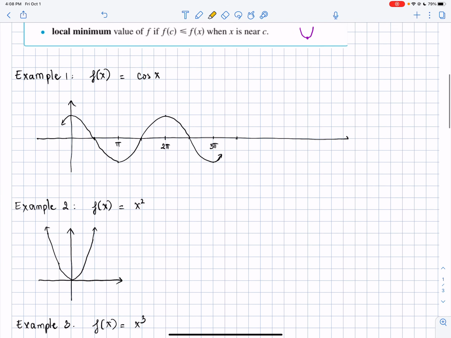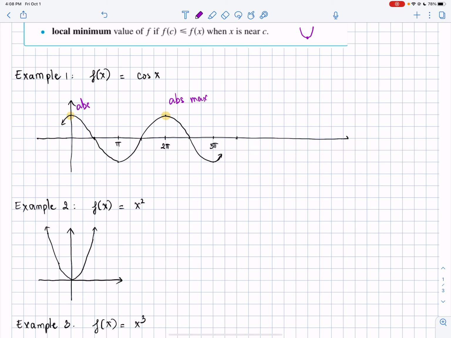Example number 1, we have f of x equal cosine of x. You see the cosine function is a periodic function. We look at those points, you can see that those points are the highest points, so they are the absolute max.